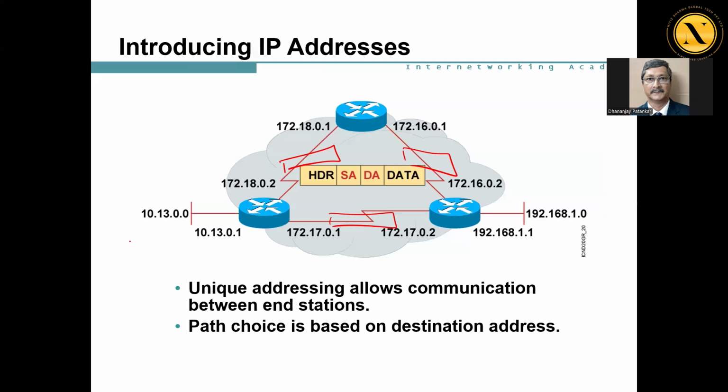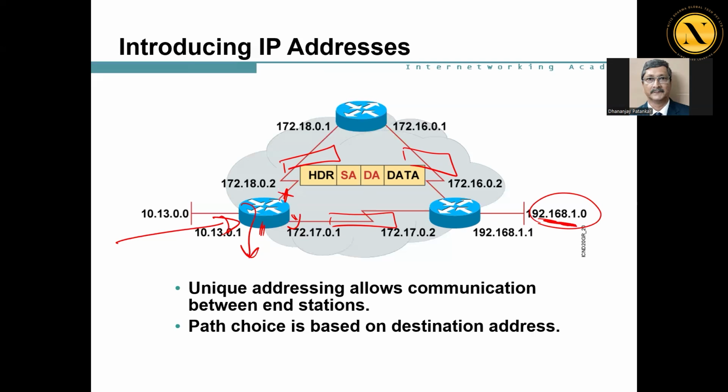Okay, so now if a packet comes on this router for, let's say, 192.168.1.something, and this router doesn't have that entry in its routing table, it will drop the packet, correct? If it has, it will check its routing table. Then it will say go through this X port or go through Y port, or it may point to 192.168.1.0 from both the ports, so it can send from either of the two.